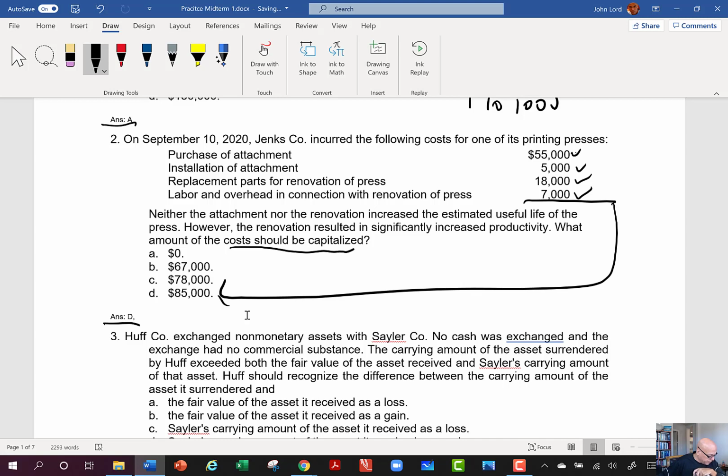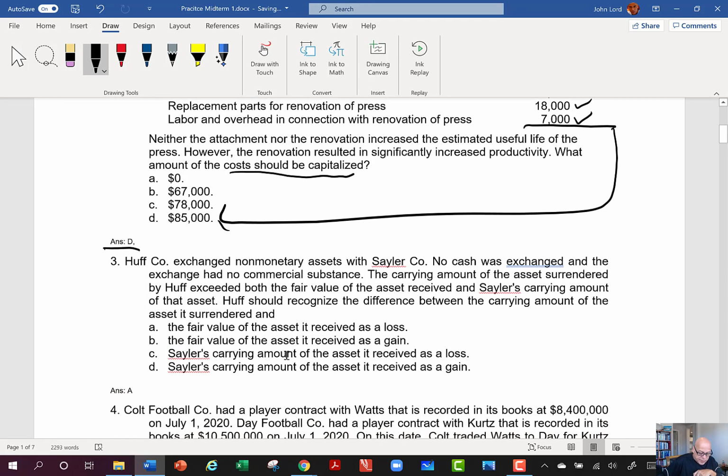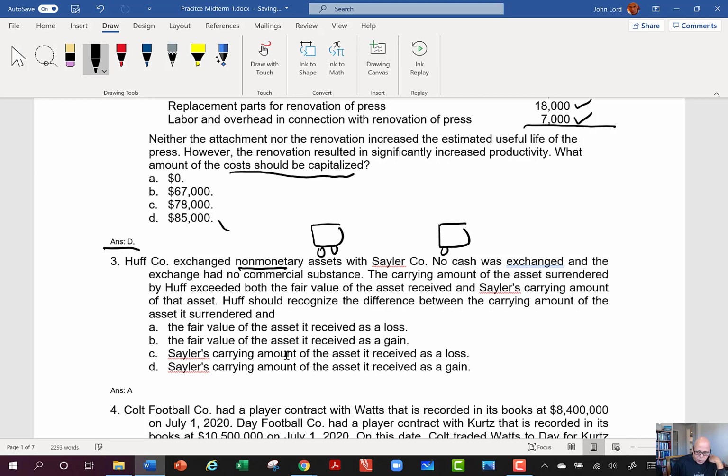Let's take a look now at this number 3. They tell us that Huff Company exchanged non-monetary assets. Now, just to visualize this, I don't know what the equipment is in this example, I'm putting wheels on it for some reason. We know that we're going to have 2 pieces of equipment.